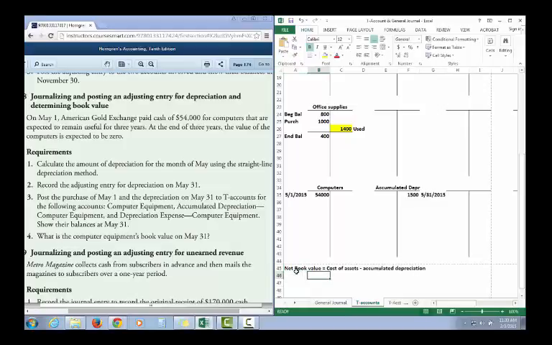So for the computers, we're going to have $54,000 minus $1,500, and that's going to give us the book value of $52,500. That's our book value, and that's the value that would be shown on the balance sheet. So there's our net book value.